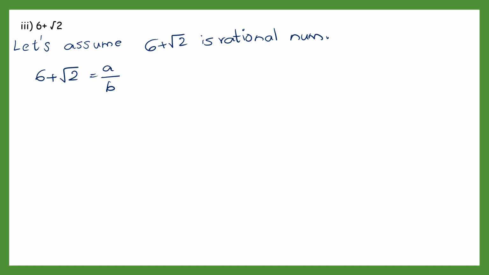If a and b are divided by a common factor, they will become coprime numbers. A and b are coprimes. So, 6 plus root 2 is equal to a by b. A by b is rational. That means 6 plus root 2 is a rational number.